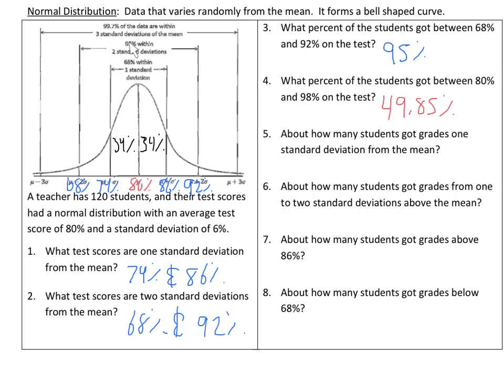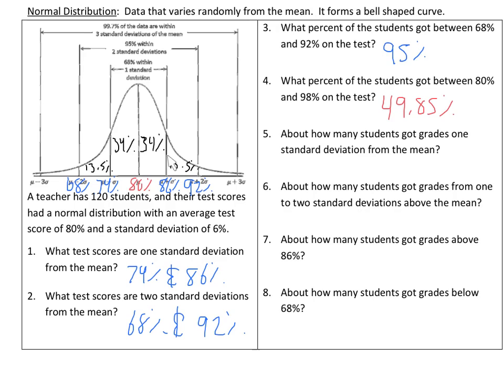So if this is 95, well, these two have to add up. This is 68, so these two have to add up to the rest, coming up to 95. So what would that be? Well, the difference between these two is 27. Half of 27 is 13.5%. So these are both 13.5%.